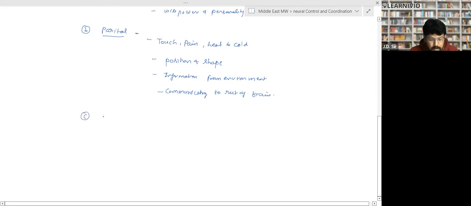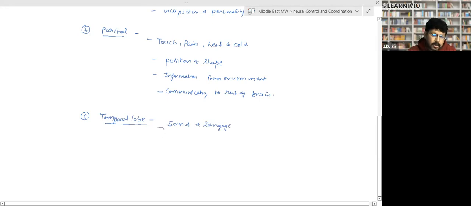Third, temporal lobe. The third part is the temporal lobe. Decoding and interpretation of sound and language.